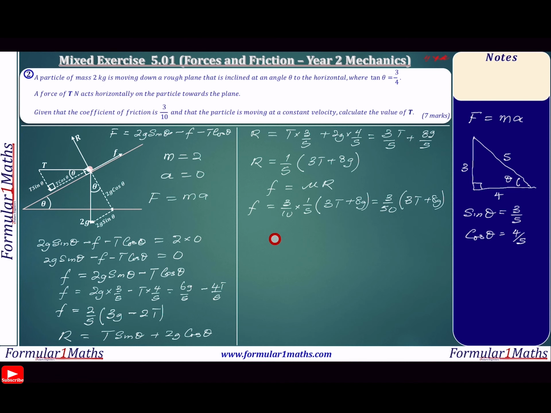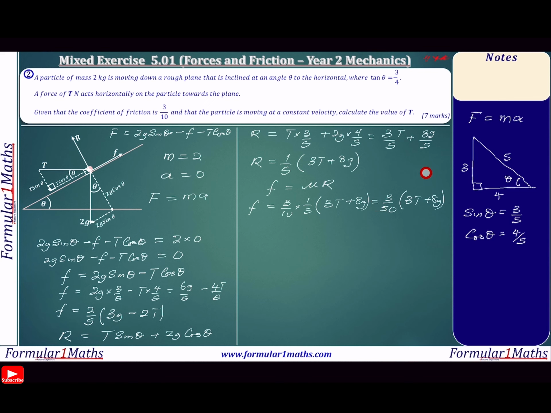So we got F equals 3 over 50 brackets 3T plus 8g. We also know that F is given by 2 over 5 brackets 3g minus 2T. So we can solve these two equations simultaneously by equating them to eliminate F and solve for T.